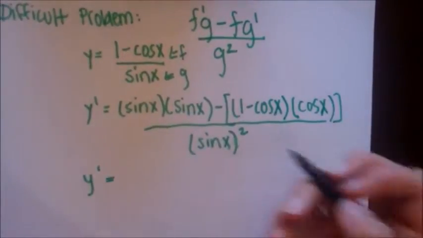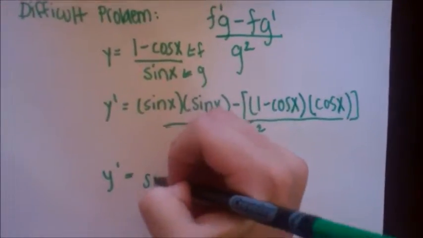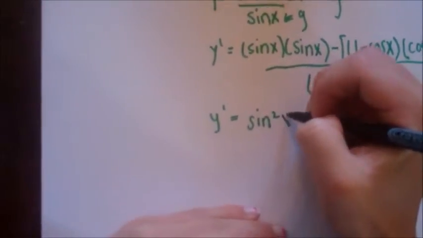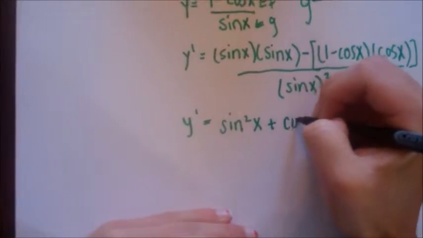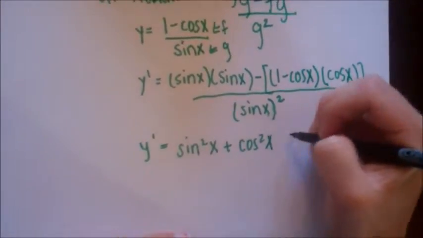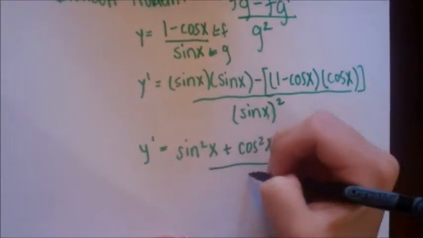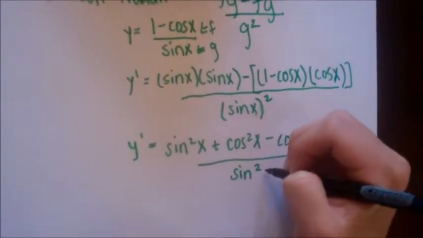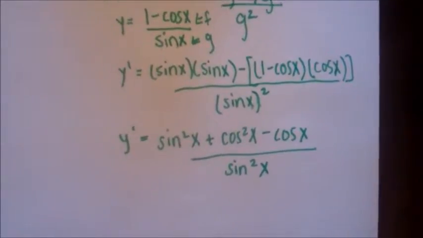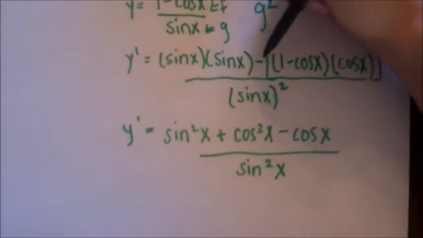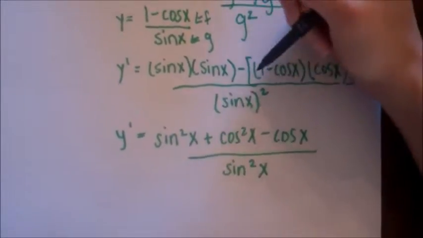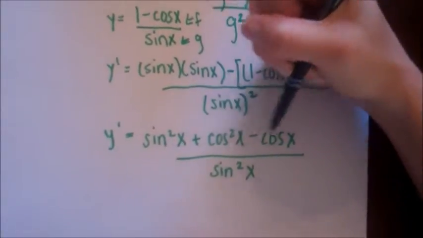Now to simplify the derivative, sine squared x plus cosine squared x minus cosine x over sine squared x. Hopefully everyone sees how I got that. I had to distribute the negatives and I ended up with this.